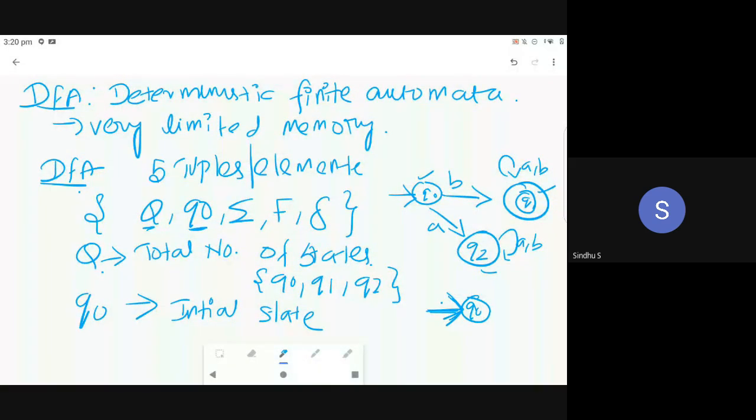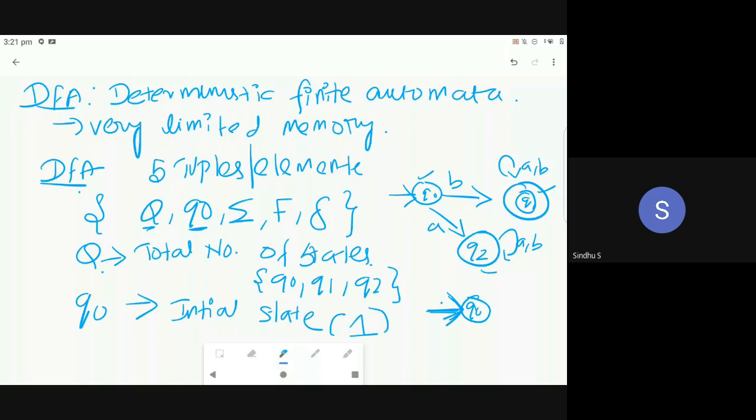One more thing you are supposed to know about the initial state is that in DFA, in deterministic finite automata, there will always be one initial state. One initial state must be there. It should never be zero, nor greater than one. So there should always be one initial state in the deterministic finite automata. So this is all about your second representation, that is the second tuple, the initial state.